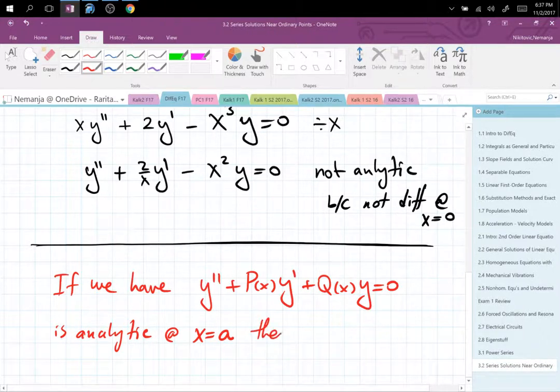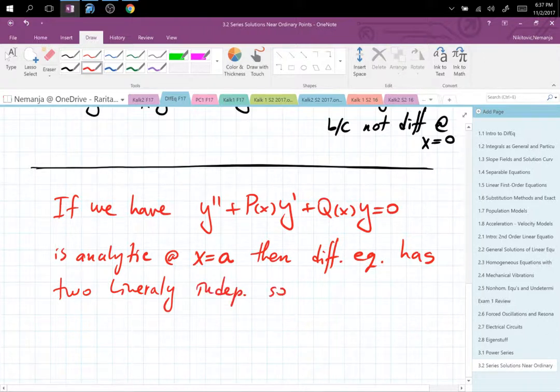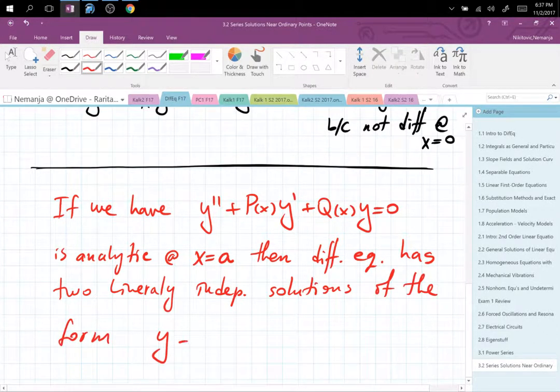So then we have the differential equation as two linearly independent solutions of the form, and here's your power series, y equals the sum from 0 to infinity of Cn times x minus a to the n.